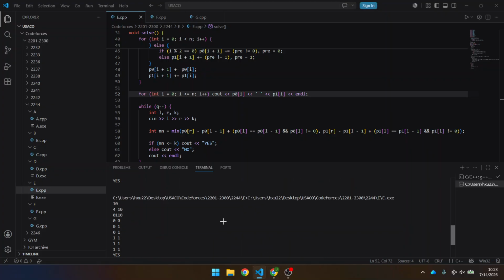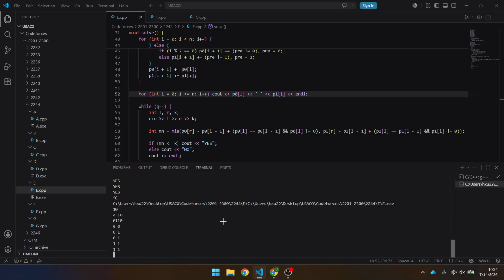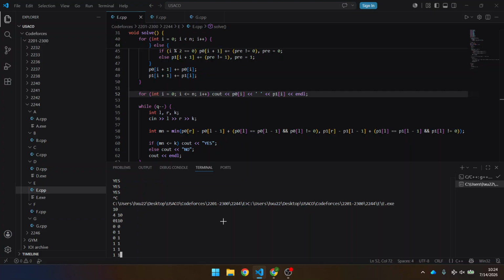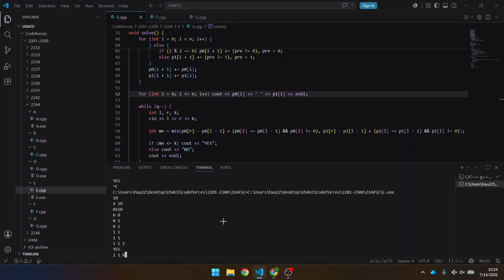The string S consisting of zeros and 1. Scaling is L, R, and K. So 1, 1, and 1. 1, 1, and 0.